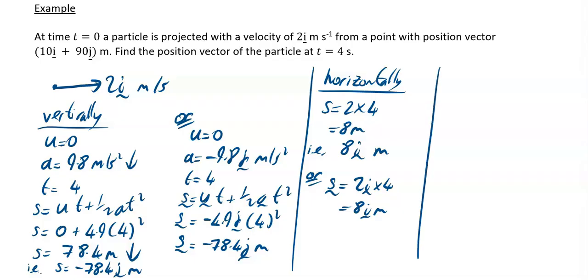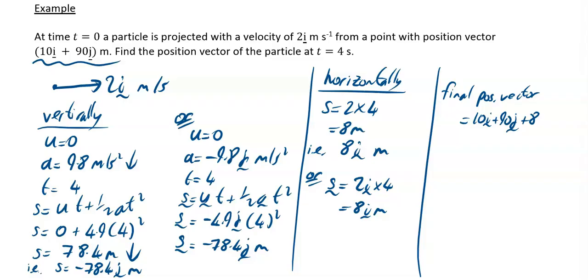So that means it has moved 8i across, and it has moved minus 78.4 j. So that means your final position vector is going to be equal to, let's think back to what our initial starting point was, it was 10i plus 90j.